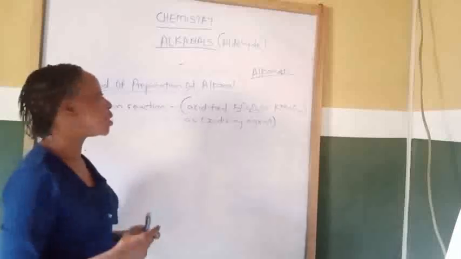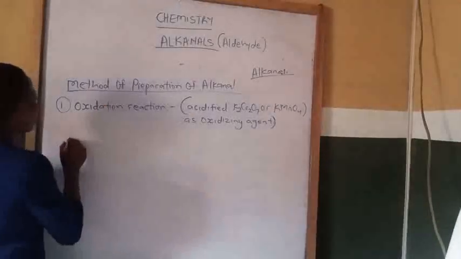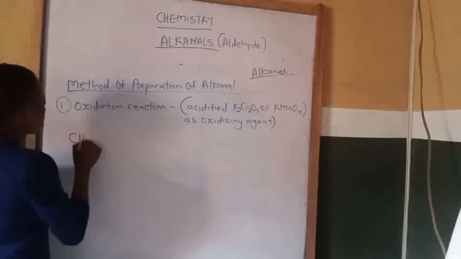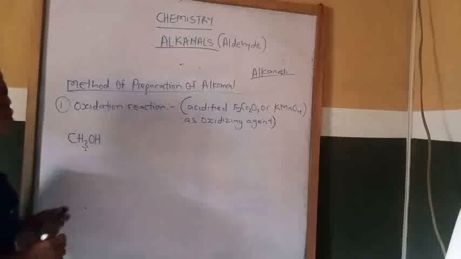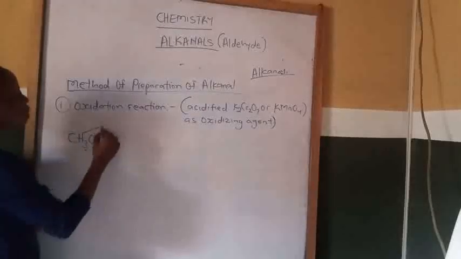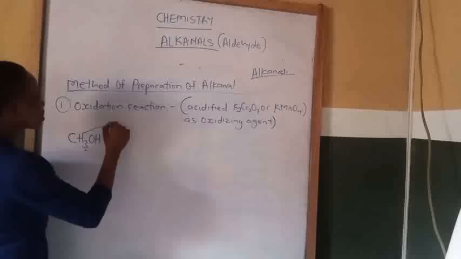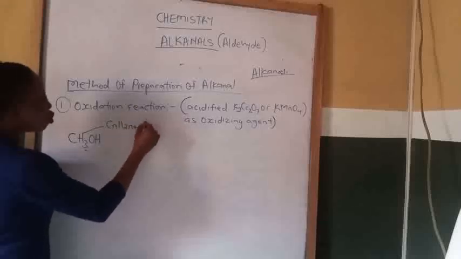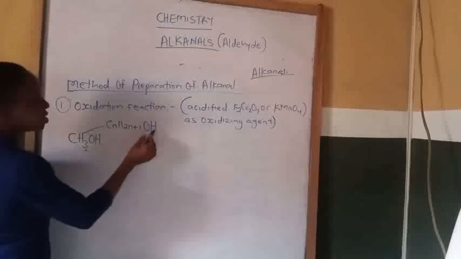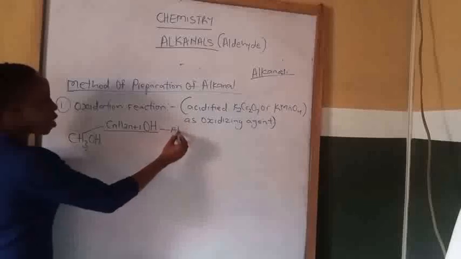The formula for methanol is CH3OH. I derive this formula from the general formula of alkanol, CnH2n+1OH. This is the general formula for alkanol.